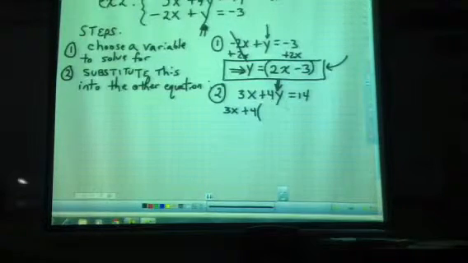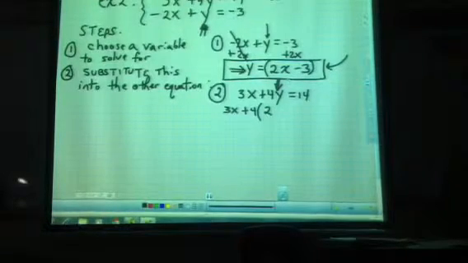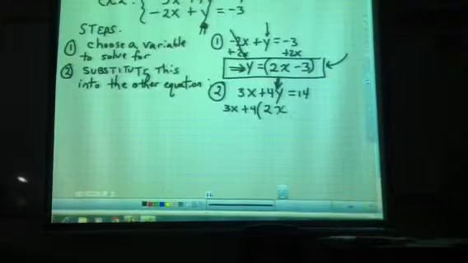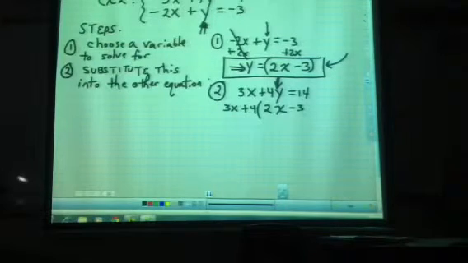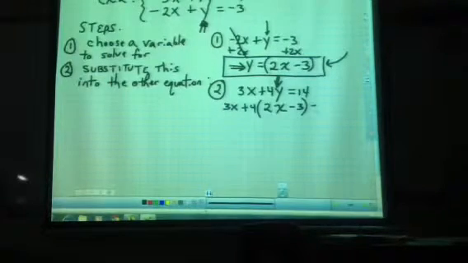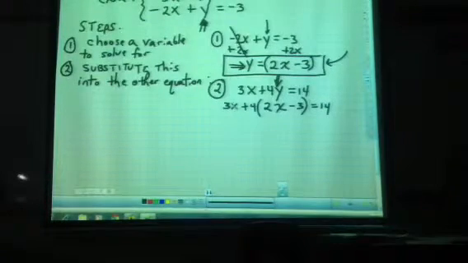And what do you think is going to go in that parenthesis? Anybody? Tamia? Somebody? Okay, you're going to say 4, and then inside you're going to go 2x minus 3. Done, quit talking. Alright, so here we go. Don't forget equals 14.